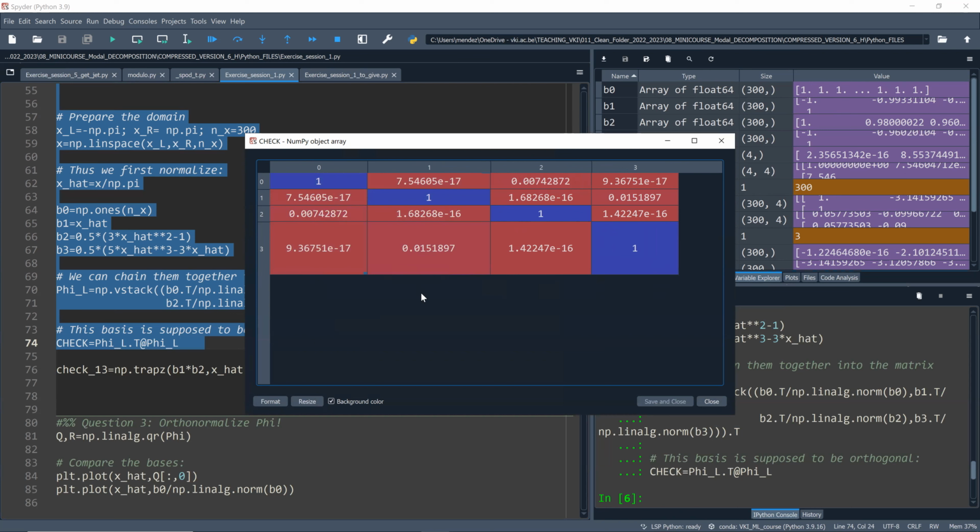This one is really annoying. Now, the funny thing is, who is this guy? This is the projection of basis number 1 on basis number 3. It was supposed to be 0, but it's not. It's not so close to 0, in fact.